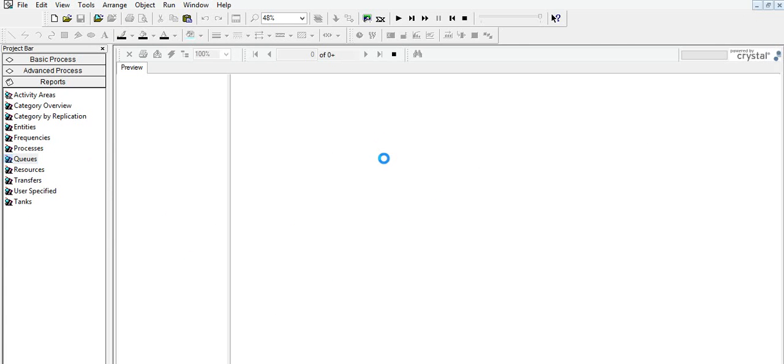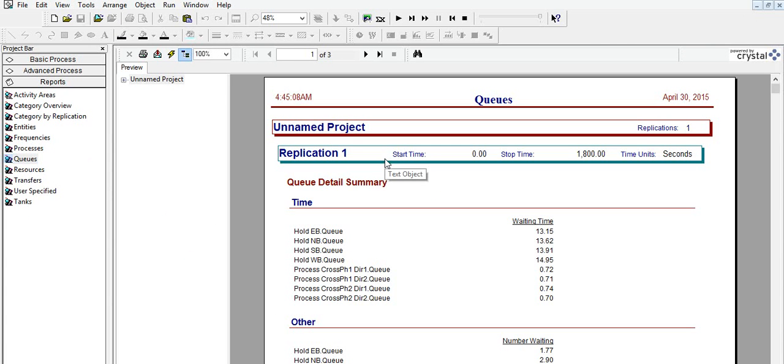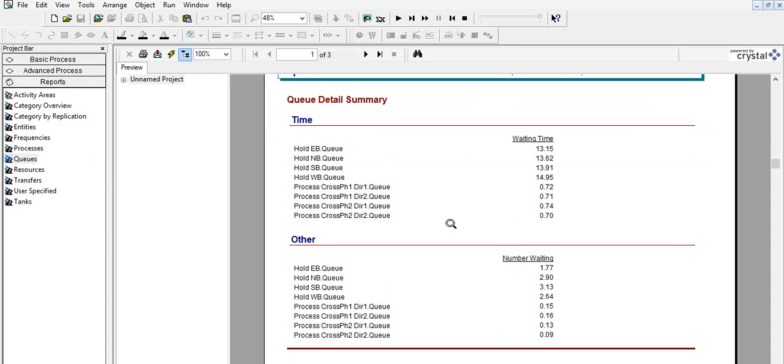Yes, we want to see the results, please. We are interested in the queues. The main performance measure here is the average wait time that a vehicle faces while queuing. So here we have 4 queues and the average waiting time in each of them is almost 13 seconds, a little bit higher for the westbound queue, around 15 seconds, which is a very good level of service here.